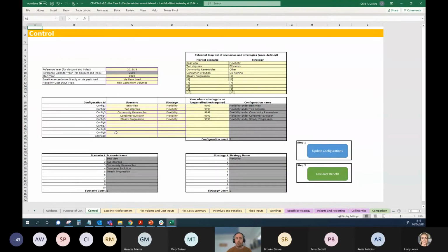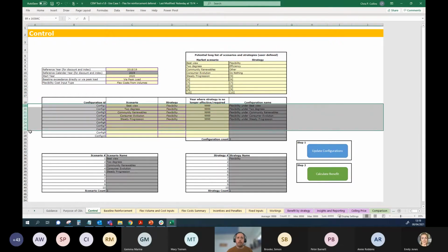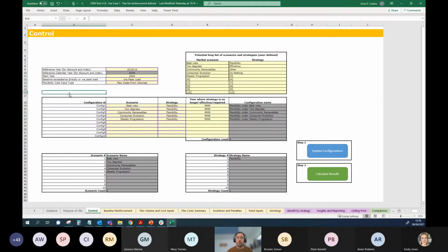There is now a control tab. There's a fair amount going on here, but this is where you are setting up the tool for all the subsequent steps. There are some obvious things like what the reference year is, what the start year of the model is. Perhaps one of the biggest innovations in this tool versus what existed before is that we do, as Simon said, have the ability to look at multiple scenarios simultaneously.